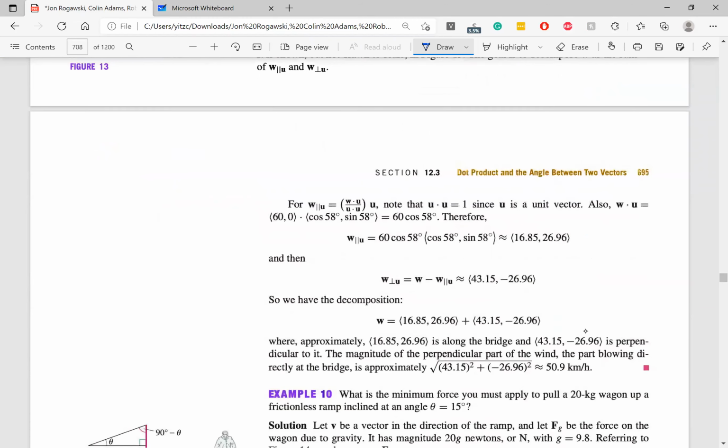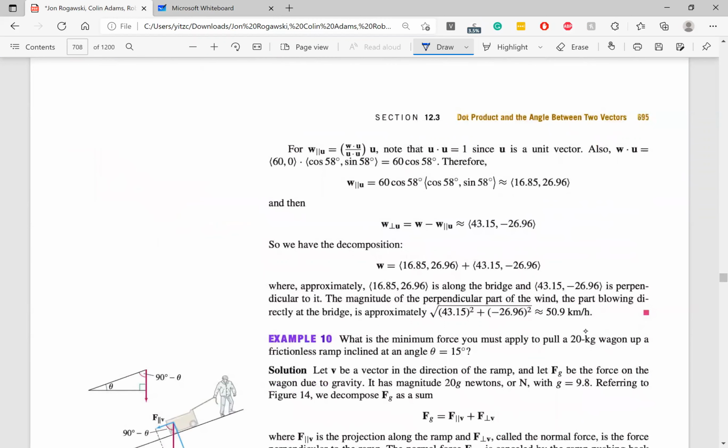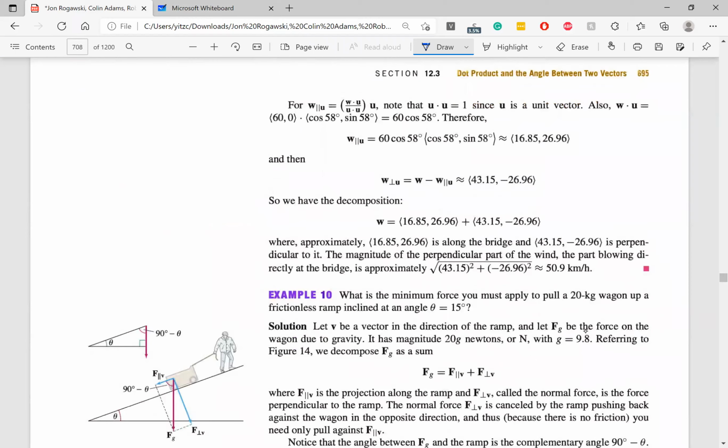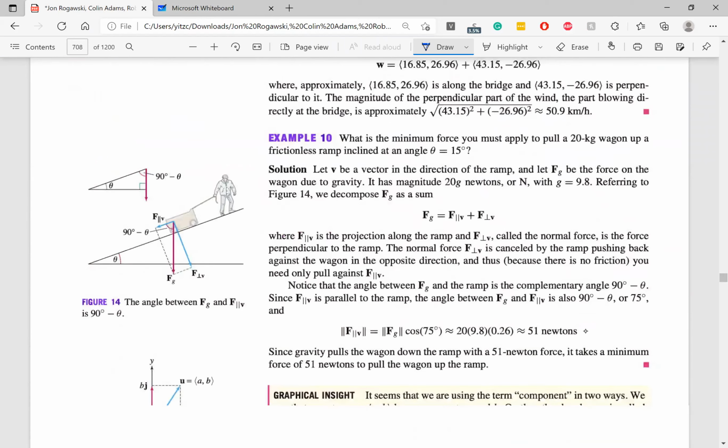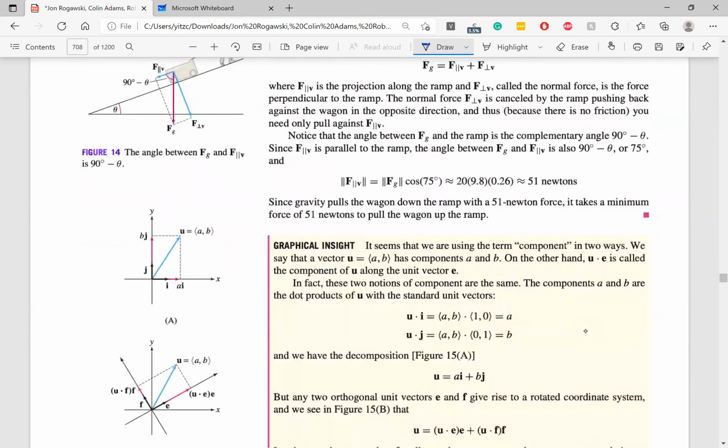But basically, it's a problem about finding the parallel or orthogonal components to some force vectors. And I'm also going to skip this physics problem.